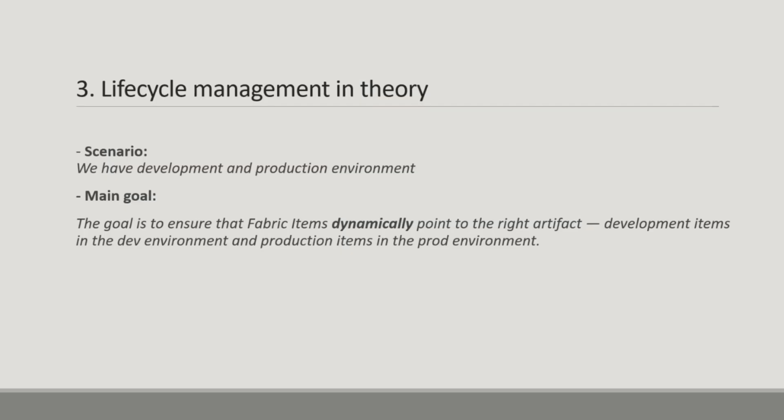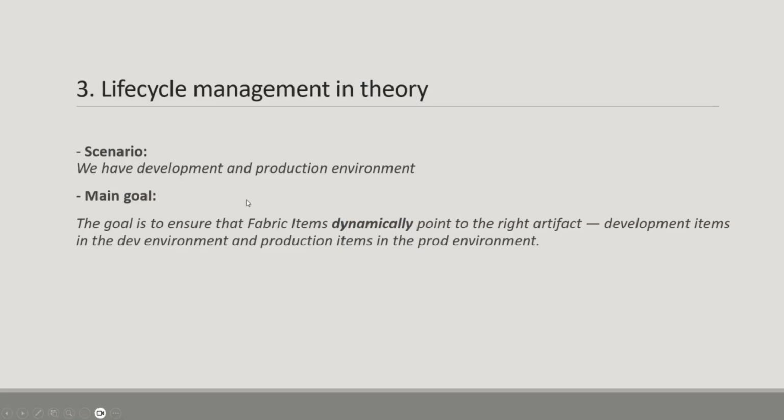And same goes for other Fabric items as well. So Fabric notebooks and Fabric pipelines in the development environment should populate the development lakehouse, and in the production environment, they should populate the production lakehouse. So our main goal for today's presentation is to ensure that Fabric items dynamically point to the right artifact.